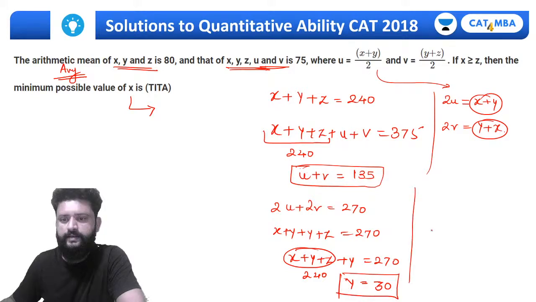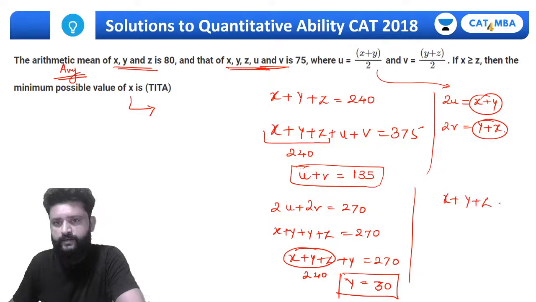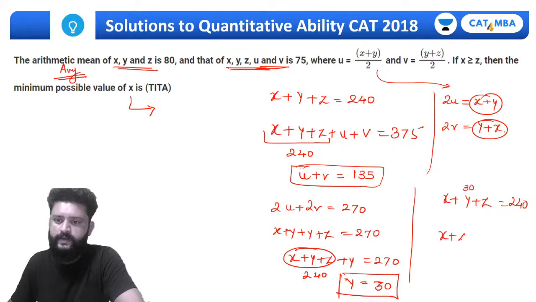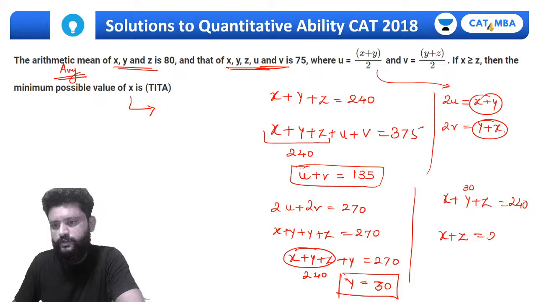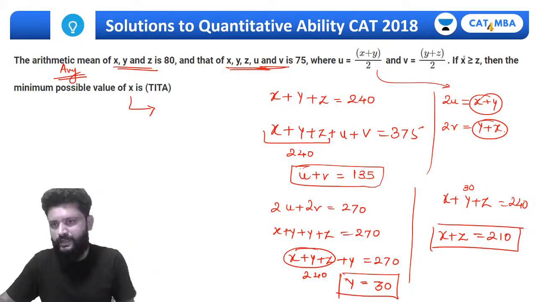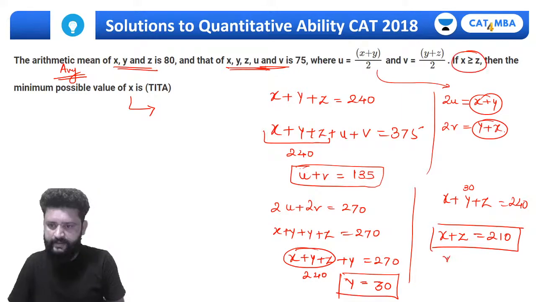If y is 30, then in x plus y plus z equals 240, I'm putting the value of y as 30, so I can say x plus z must be 210. So that's the important equation you can get, and we know x is greater than or equal to z.